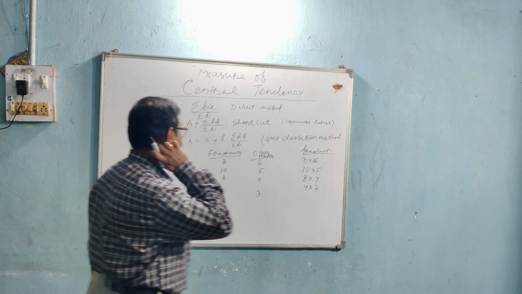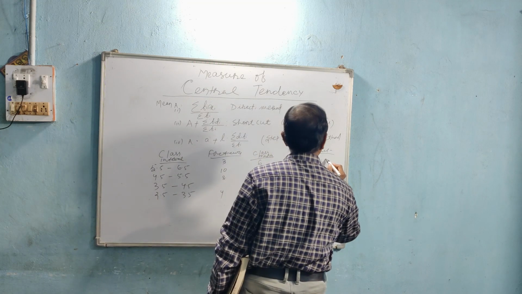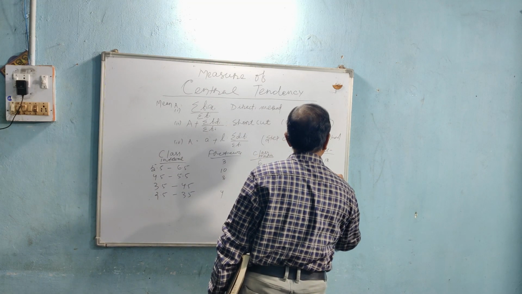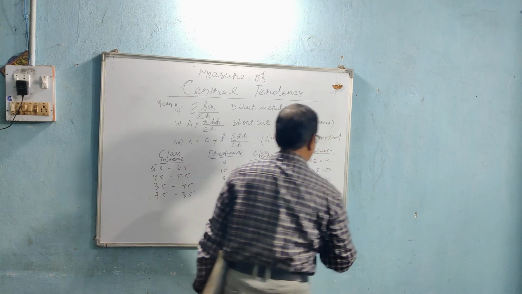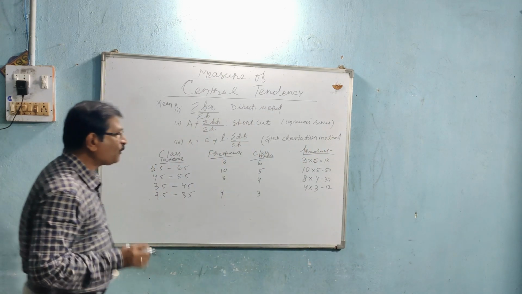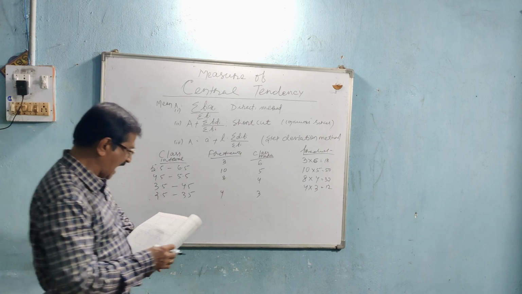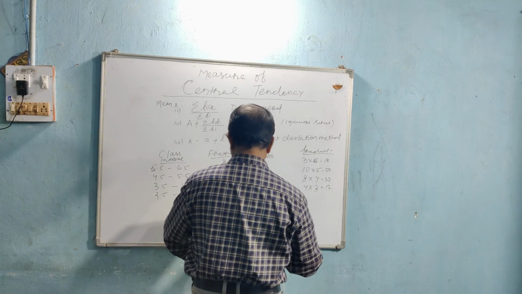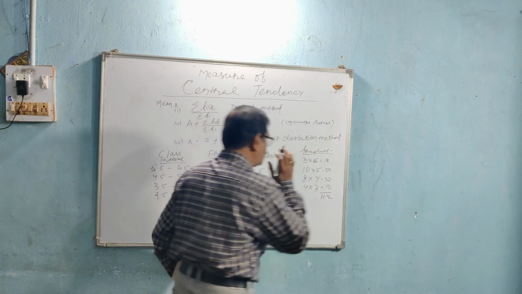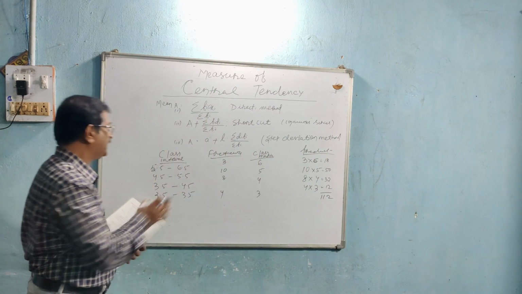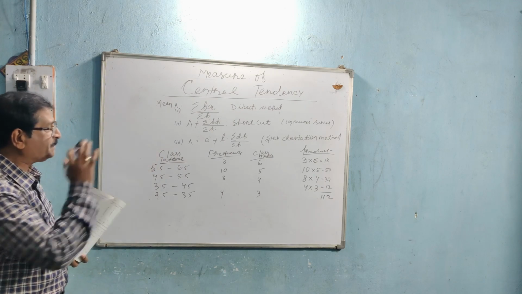After this multiplication, you get the results 18, then 50, 32, and 12. Now you have to add them, and you get 112. So how can this be presented symbolically?